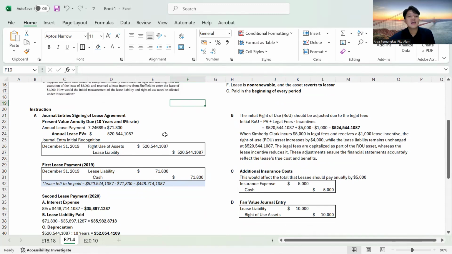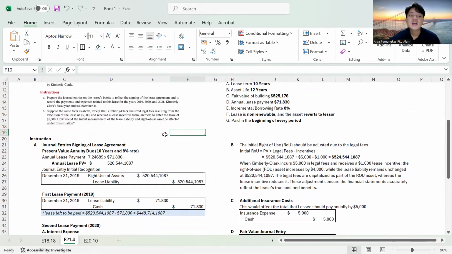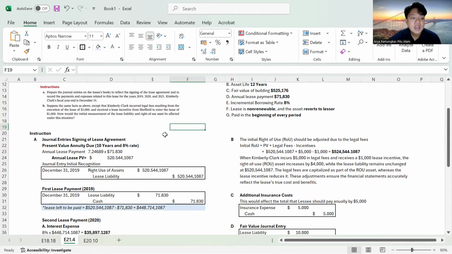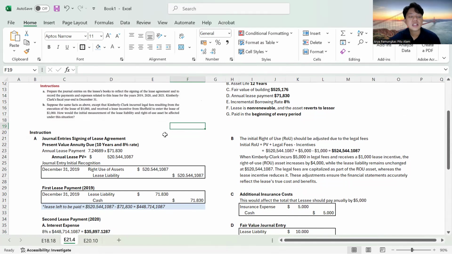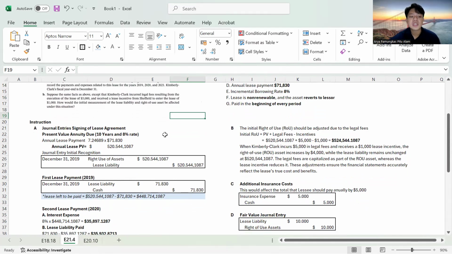And the present value factor itself is going to be 7.2468 and 9. And then we multiply it with the annual lease payment, which is 71,830, and we will get the annual lease present value itself would be 520,544.1087.